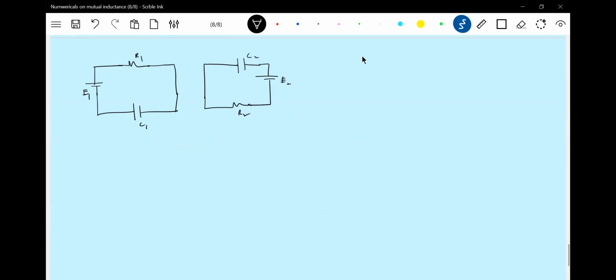There's a mutual inductance, which we just show with an arrow like this, between them. And the mutual inductance is such that EMF will be produced due to that, and each loop will have its own self-inductance. Why? Because any current carrying loop should have self-inductance. Let L1, L2 be the self-inductances, and let M be the mutual inductance. Then can we calculate the expression for the current in the first loop?